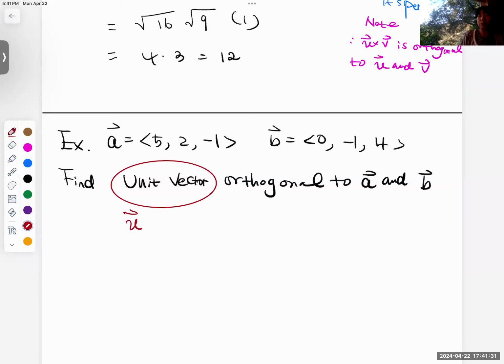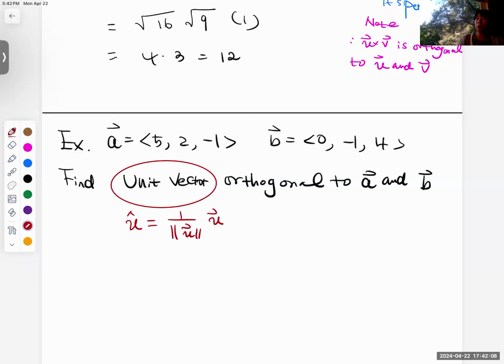So we have U. Since unit vector, we are using U hat. The formula will be 1 over magnitude of vector U, and since we're following the same direction of the vector, we are using vector U. All right? Very good.